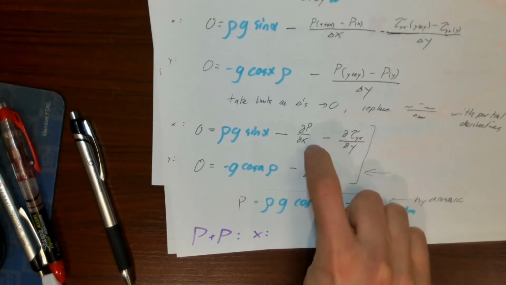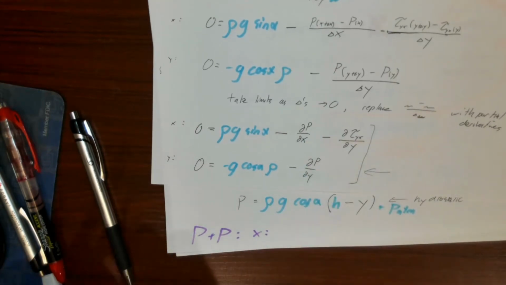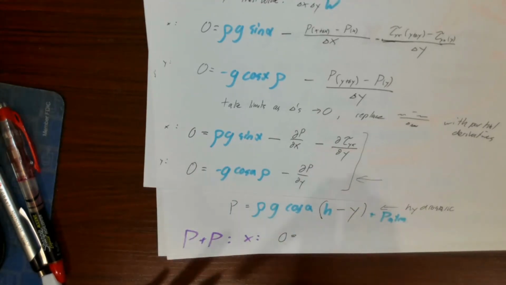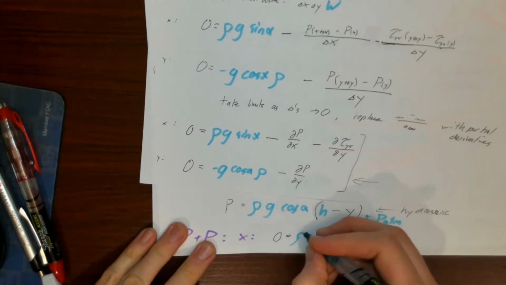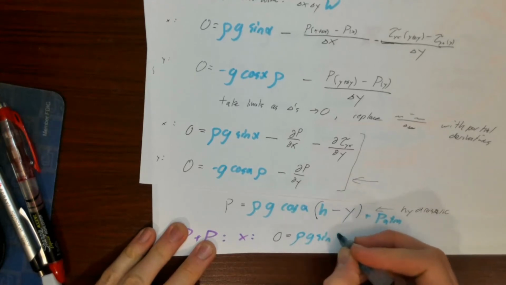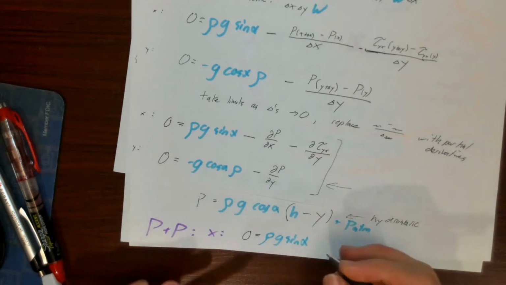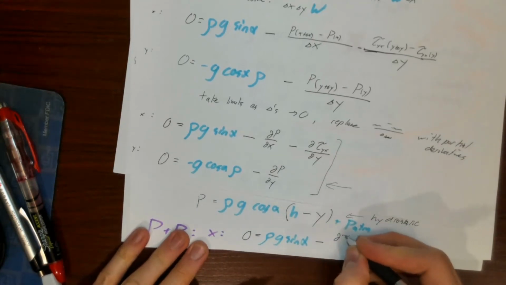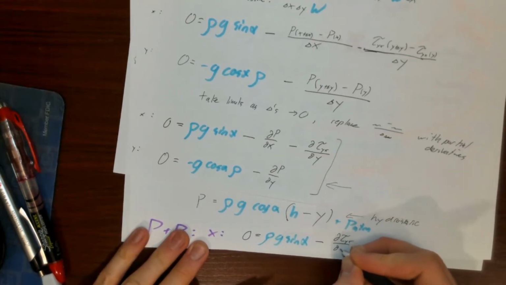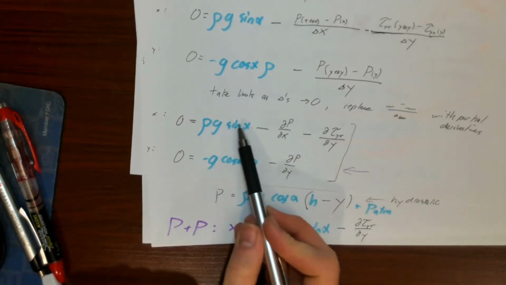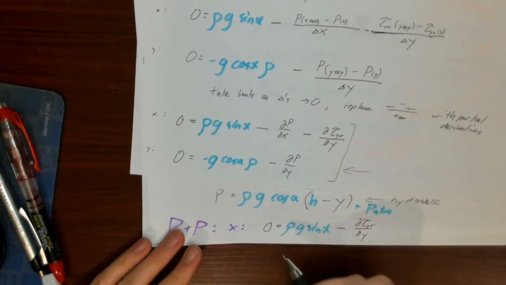So if I take this partial derivative with respect to x, what does that give me? 0 equals rho g sine alpha minus 0 minus d tau yx dy. So now I have an even more manageable differential equation here.